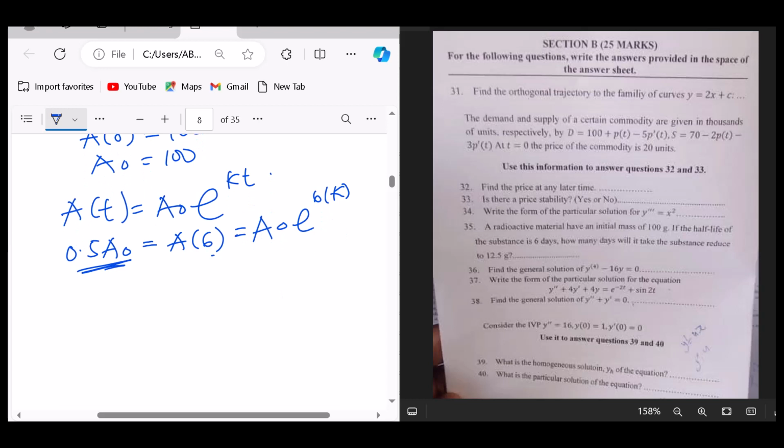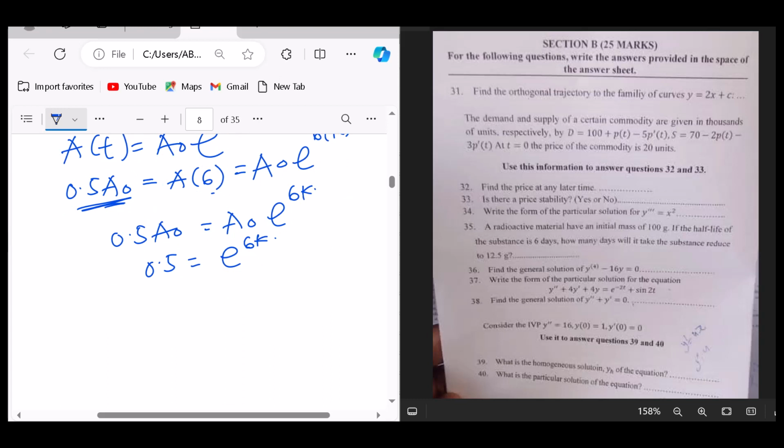And so we'll have 0.5 A naught equals A naught e power 6k. Solving, we have 0.5 equals e power 6k. So we'll just write ln of 0.5 equals ln of e power 6k.